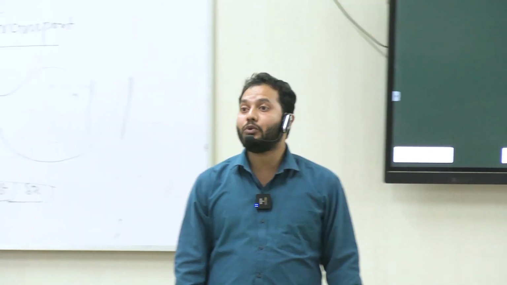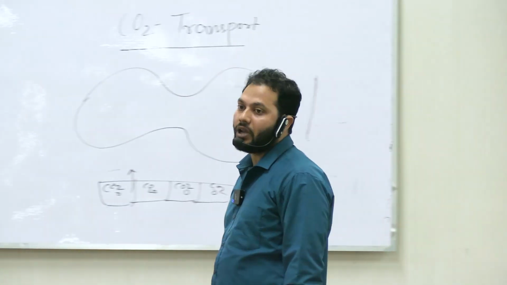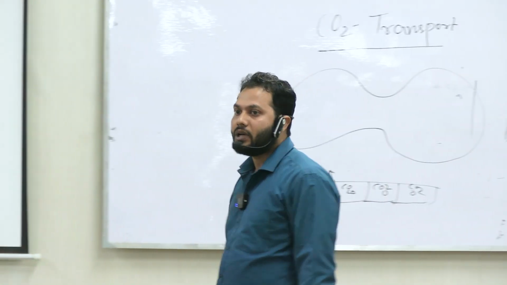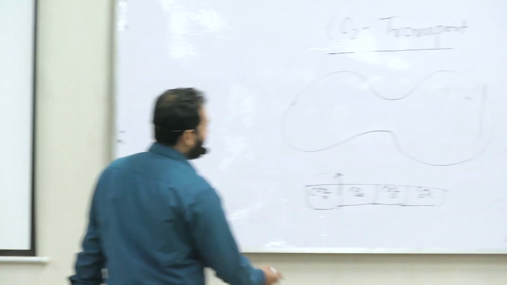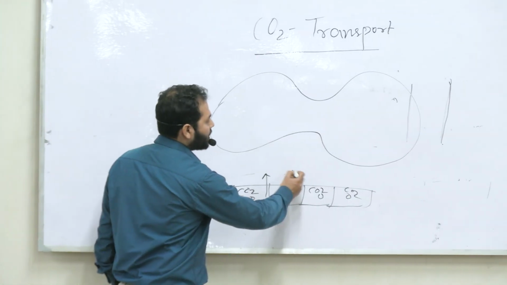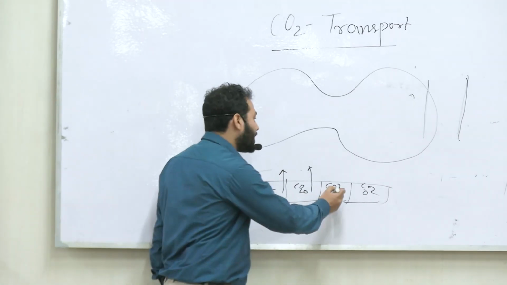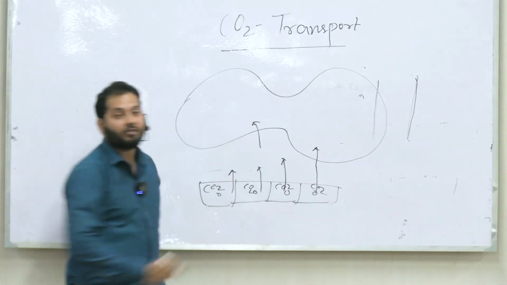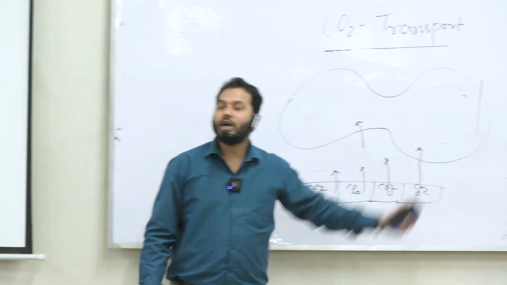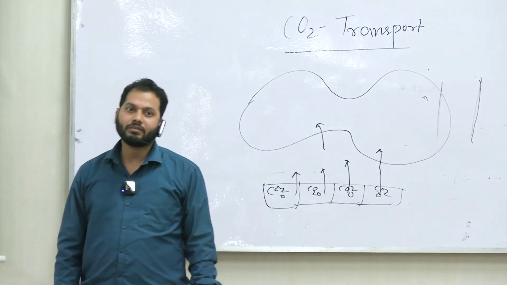It is around 25 to 27 times more soluble in lipid in comparison to oxygen, right? So this carbon dioxide can easily diffuse from its higher concentration gradient to the lower concentration gradient, right? And ultimately from the interstitial fluid it will go into the plasma, right?